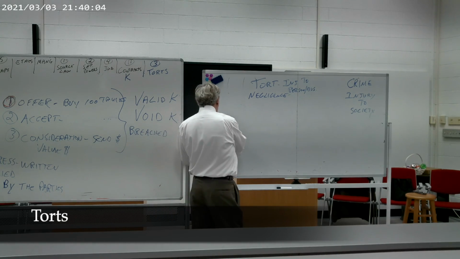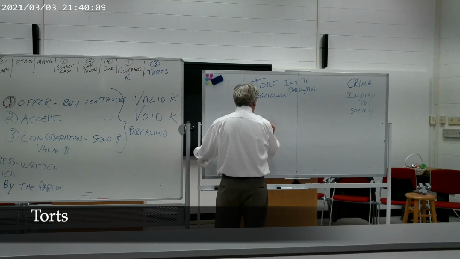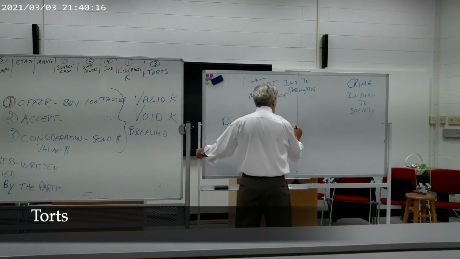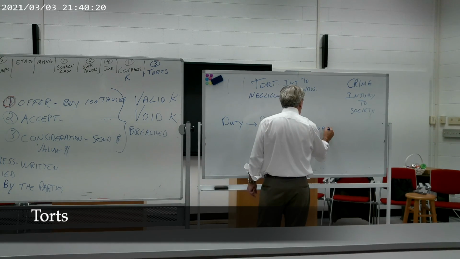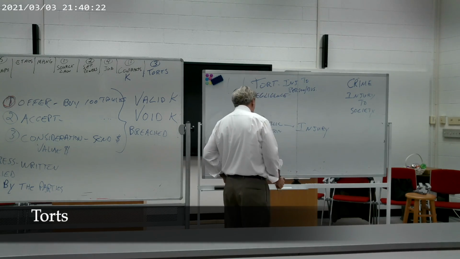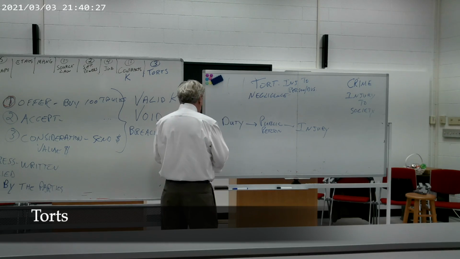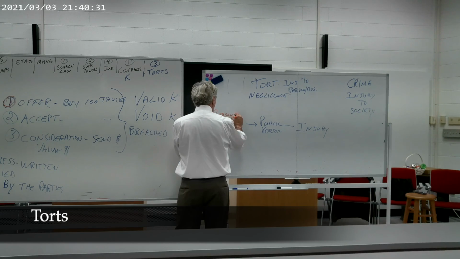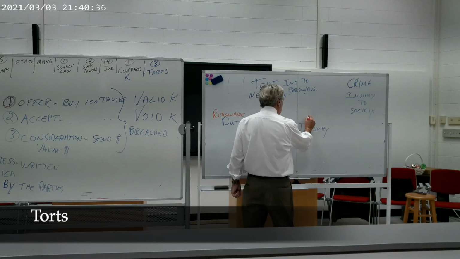Torts is that we have a duty to the public or a person, and that person or that business suffers an injury. Duty has to be reasonable. The injury has to be foreseeable.